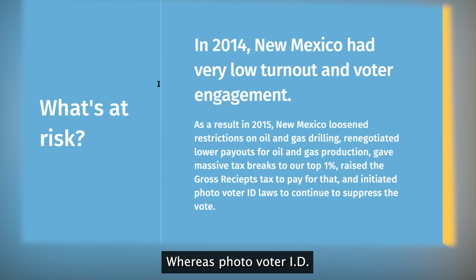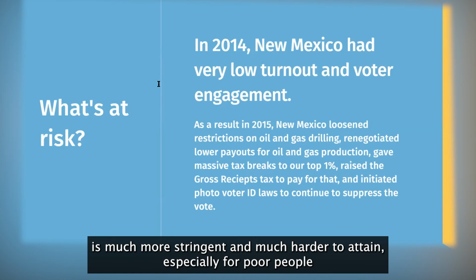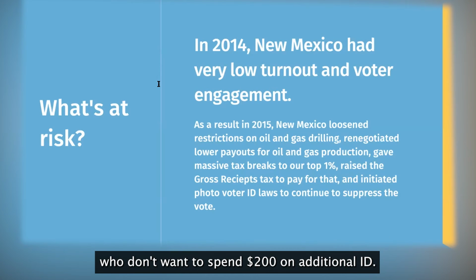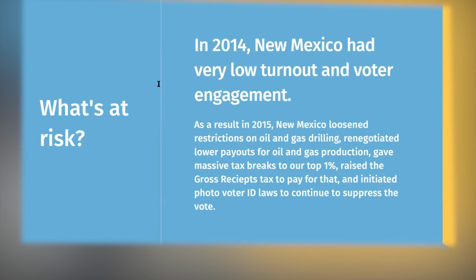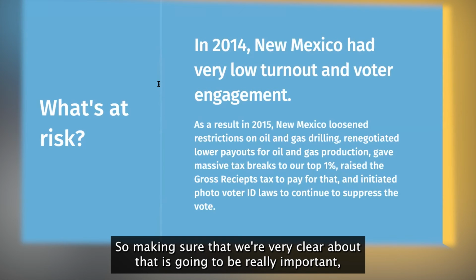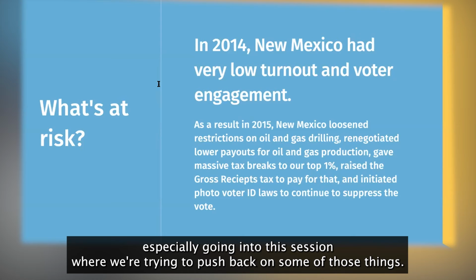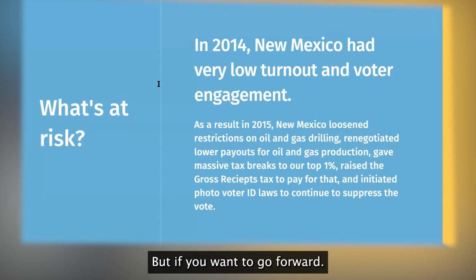Whereas photo voter ID is much more stringent and much harder to attain, especially for poor people who don't want to spend $200 on an additional ID. So making sure that we're very clear about that is going to be really important, especially going into this session where we're trying to push back on some of those things. But if you want to go forward.